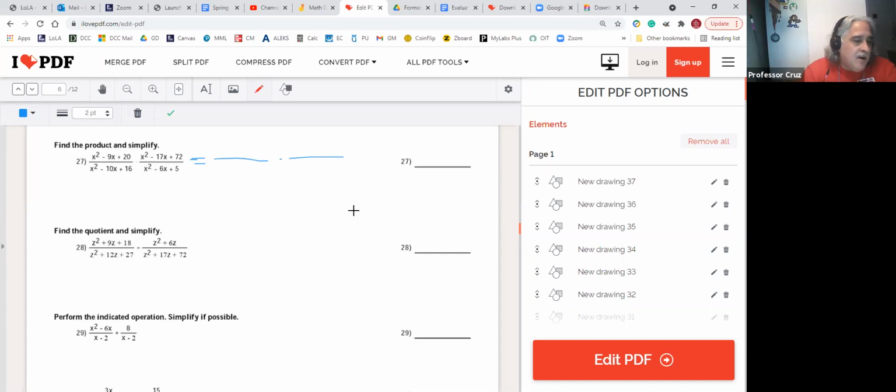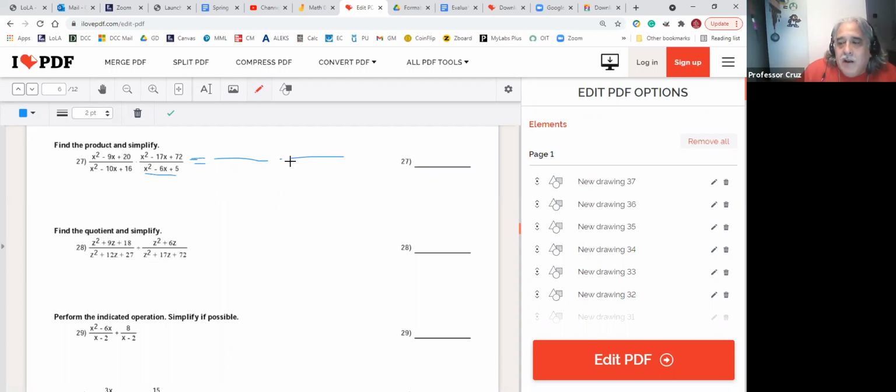And so my advice is always to start with the simplest one. And it looks to me like this is the simplest one because 5 only has two factors. It means 1 and 5.